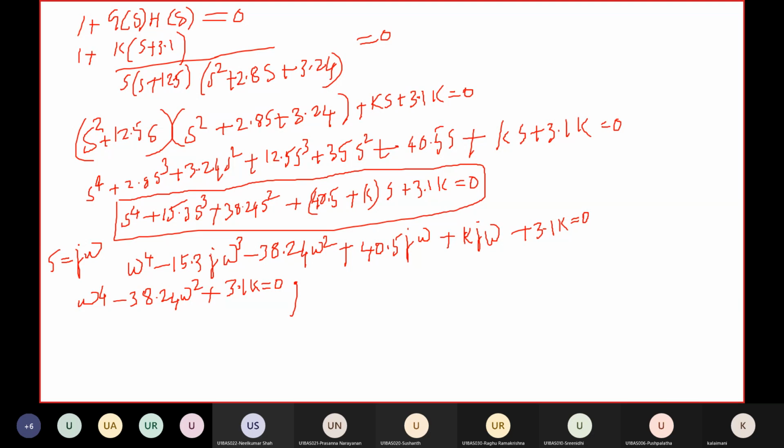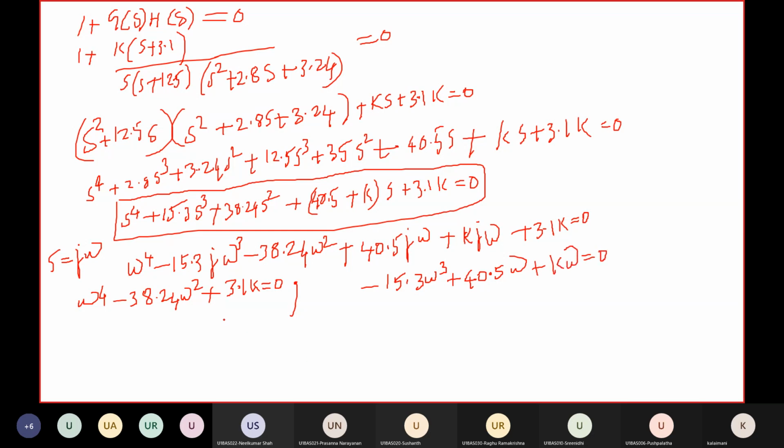Then we have the imaginary part: minus 15.3 j omega cube, and setting my imaginary part equal to 0, then minus 15.3 omega cube plus 40.5 omega plus k omega equal to 0.